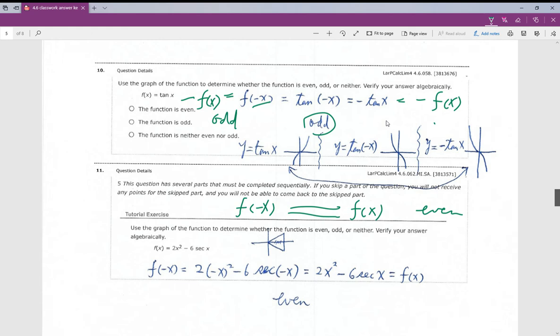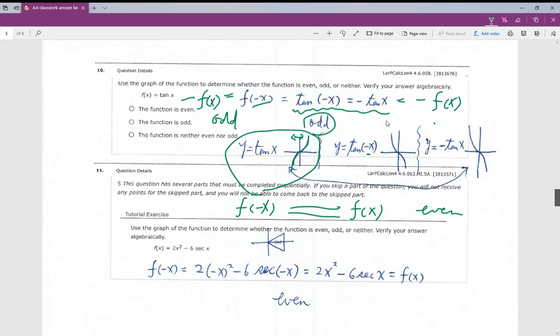And the tangent, how do you know tangent of negative x will be negative tangent x? We can see that this is a tangent graph. Tangent graph is here. If you input a negative x, it means this graph needs to be flipped left and right, right?